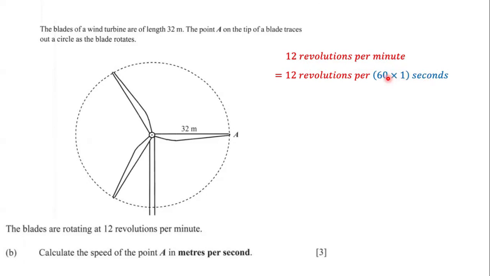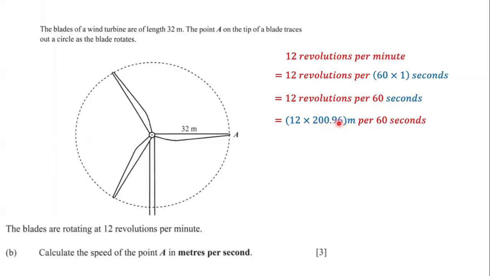So that means that the blades are rotating 12 revolutions per 60 seconds. So 12 revolutions per 60 seconds, or 12 revolutions per minute. Okay, now what else? Well, we know the distance of one revolution. We just figured that out. The distance of one revolution is 200.96 meters.